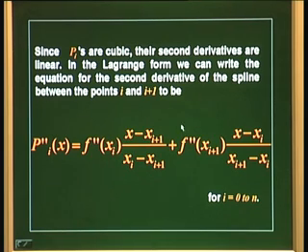Okay, so by this construction we have already satisfied that the second derivatives are continuous. Okay, by this construction of the second derivative, we have made sure that the second derivatives of polynomial I and polynomial I plus 1 at xi plus 1 are the same.